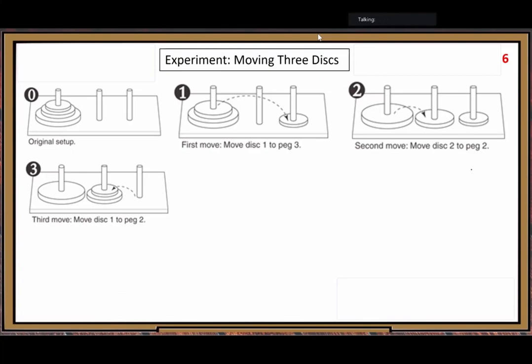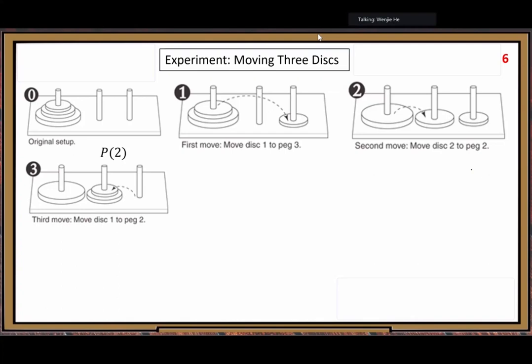Now, the extra part, on top of the size 2 solution: you move the bottom disk to the destination peg. So you have to do it. We use P of 2 to represent the size 2 solution.